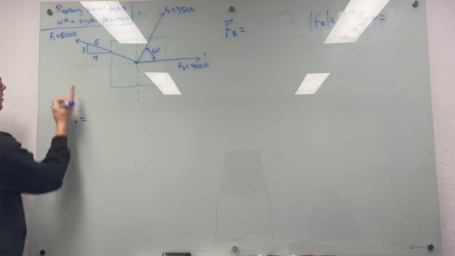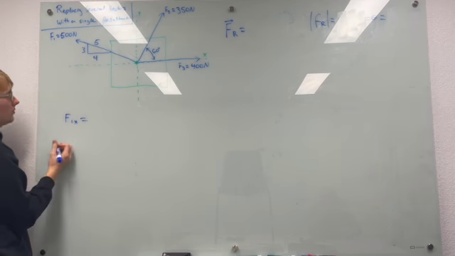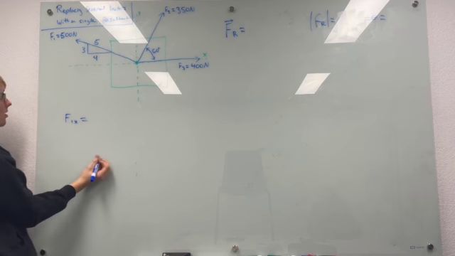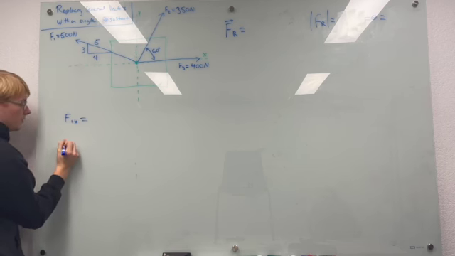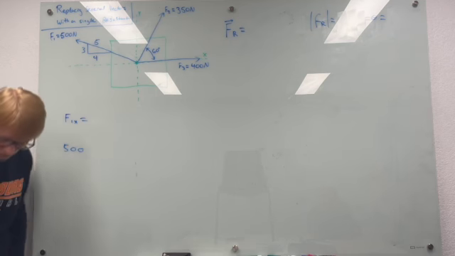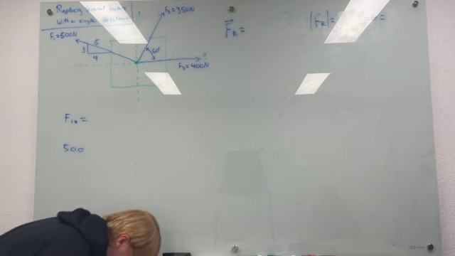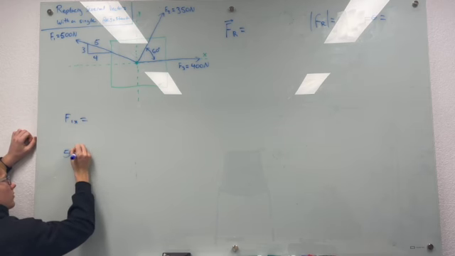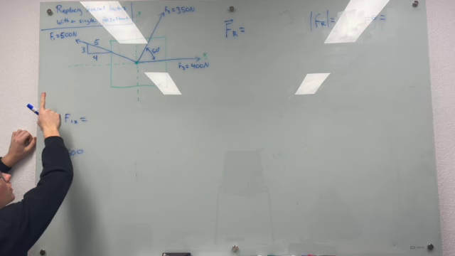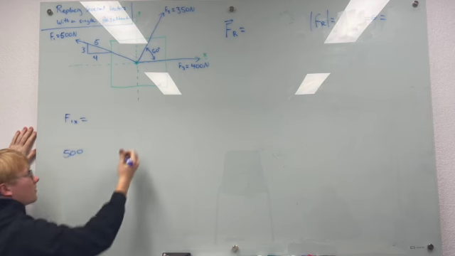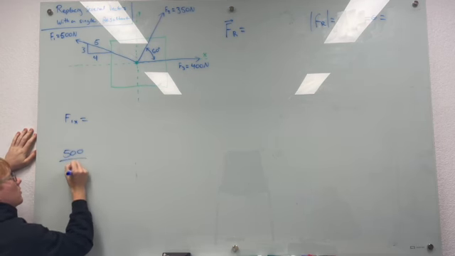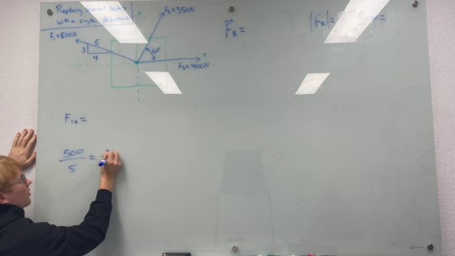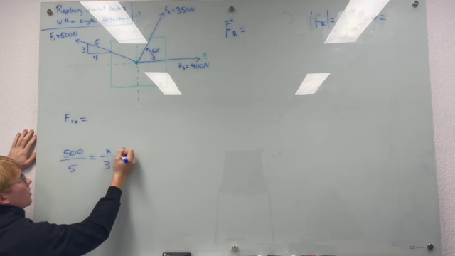So the way to find the x and y components of F1, this little triangle helps us. Essentially, it's 500 newtons. So 500 newtons, that's what this big line is equal to, 5, as the x component is equal to 3.